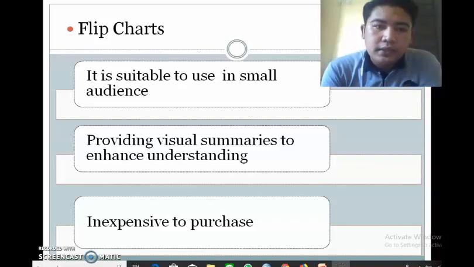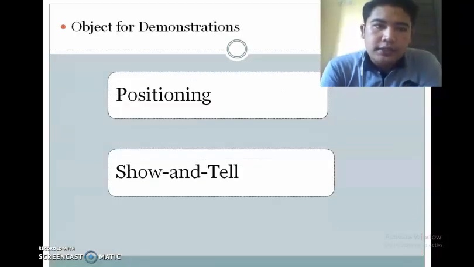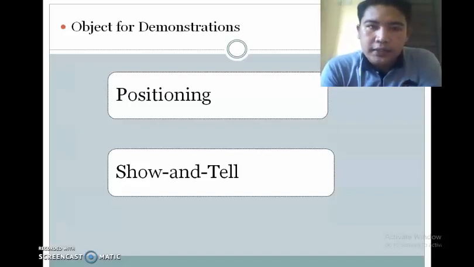And then the next material is object for demonstration. Object for demonstration is really needed to demonstrate what the material is.